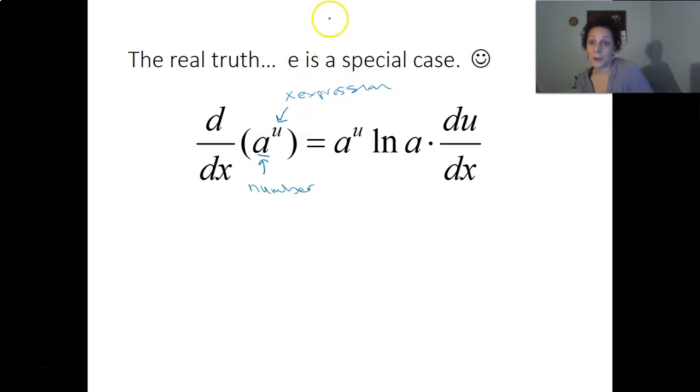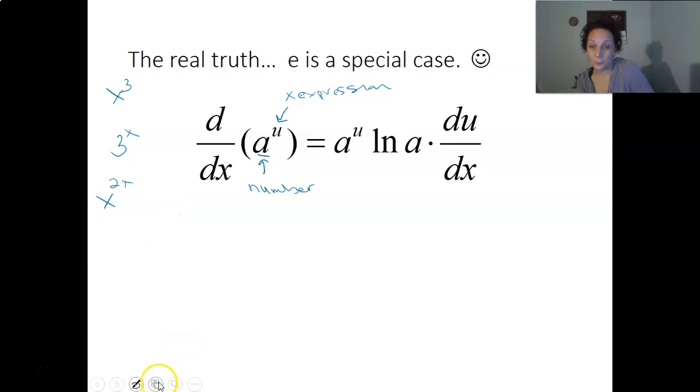If you have something like x to the third, that's a power rule. If you have 3 to the x, that's where we're going to apply this rule. You have a numerical base and a variable in your exponent. If you have a variable in your base and a variable in your exponent, this rule does not apply. We will talk about this in our next video.